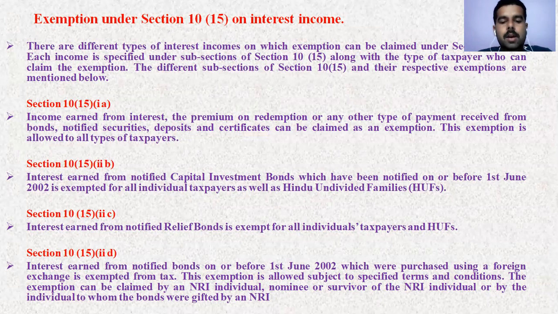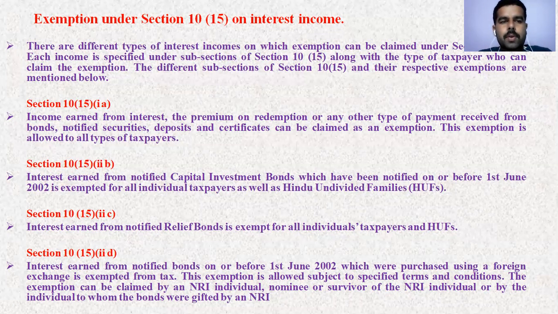This exemption is allowed subject to specified terms and conditions. The exemption can be claimed by an NRI, nominee or survivor of an NRI individual, or by an individual to whom the bonds were granted by an NRI.